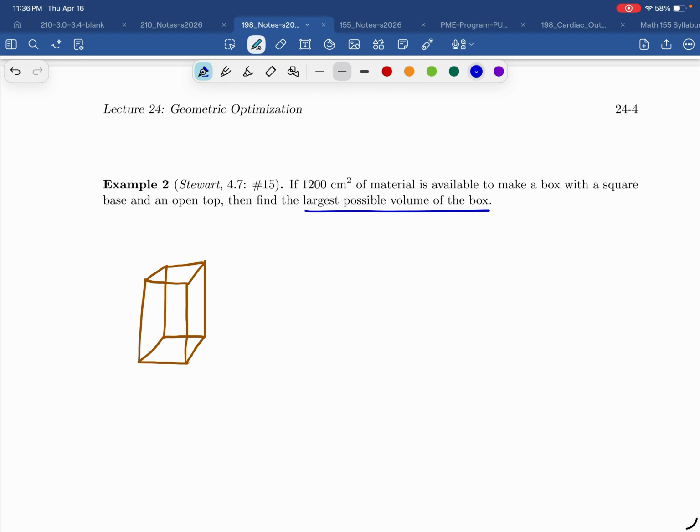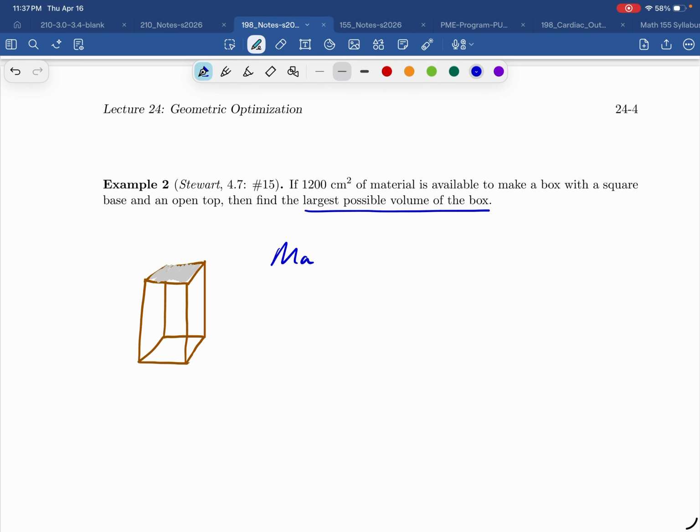Something like that, and just maybe color it in just to emphasize that we have an open top. Maybe I'll use black or gray. Has an open top, right? Open top.